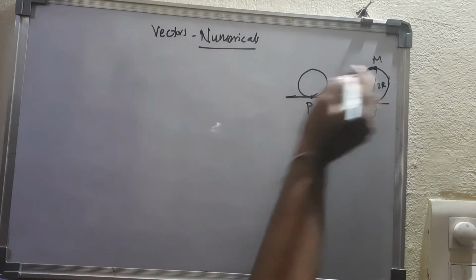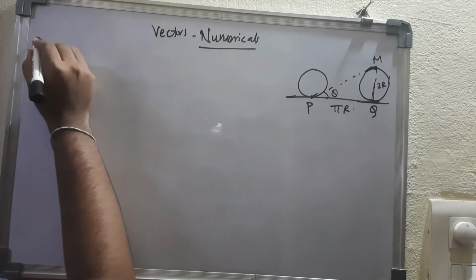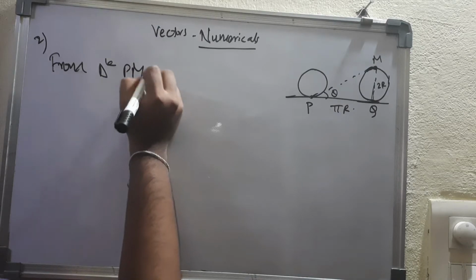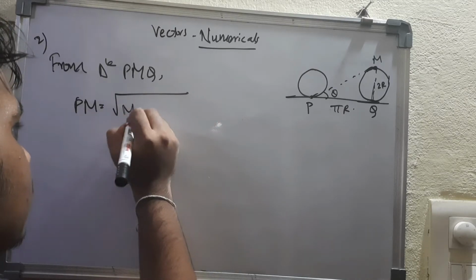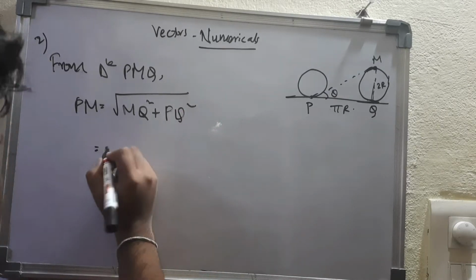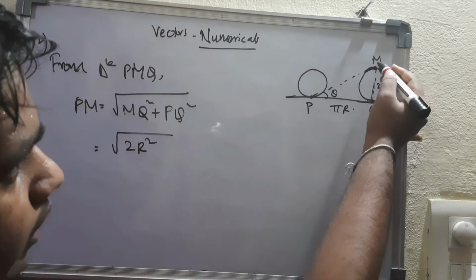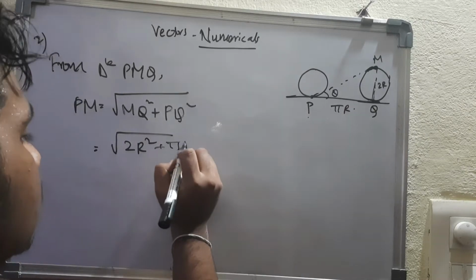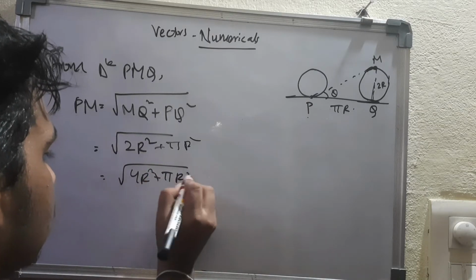Okay. Now from this triangle PMQ, PM is equal to the square root of MQ square plus PQ square, which implies the square root of (2r) square plus (pi r) square, which is 4r square plus pi square r square.